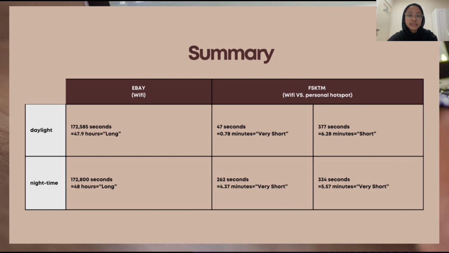Overall, the TTL value increases from daylight to nighttime when using Wi-Fi connection, while it decreases when using the personal hotspot. Based on further research, a TTL value of less than 300 seconds is considered very short, which makes for the most frequent changes for the specific website.